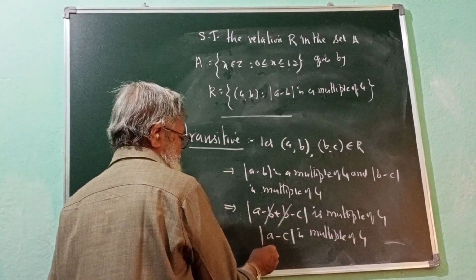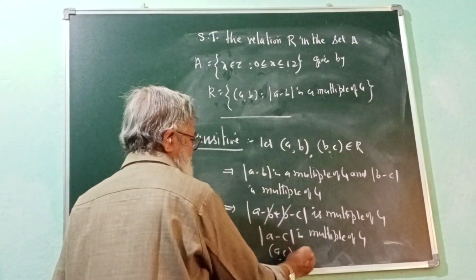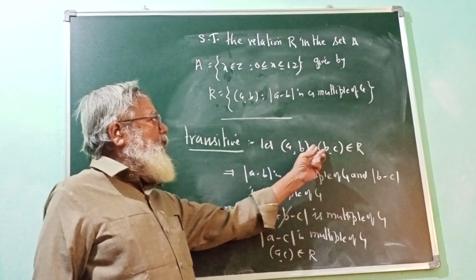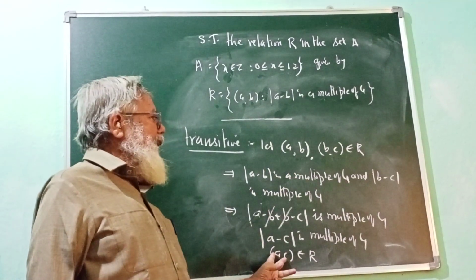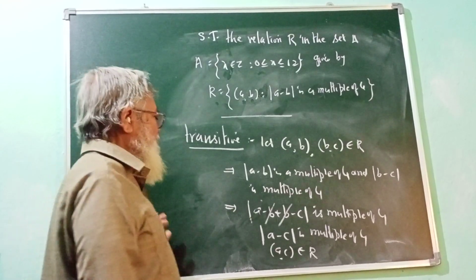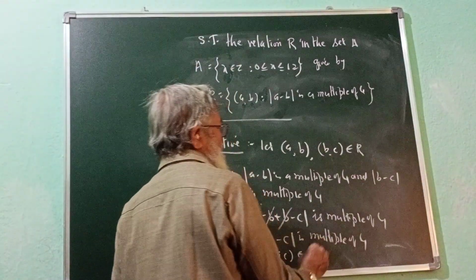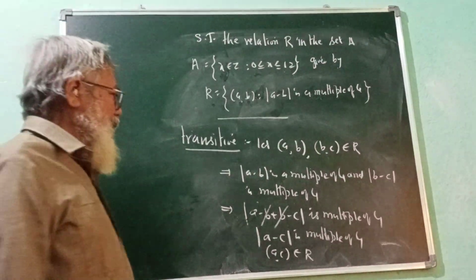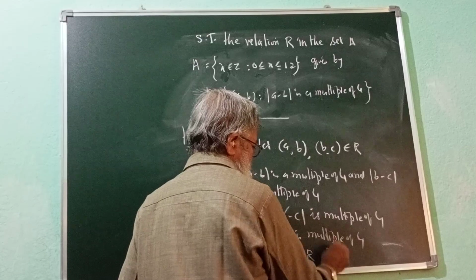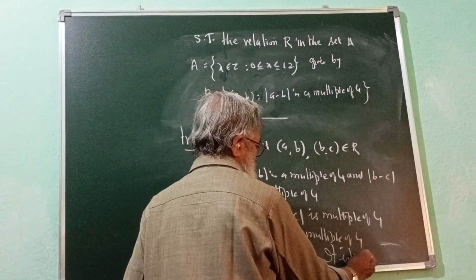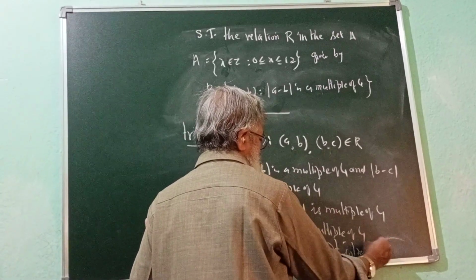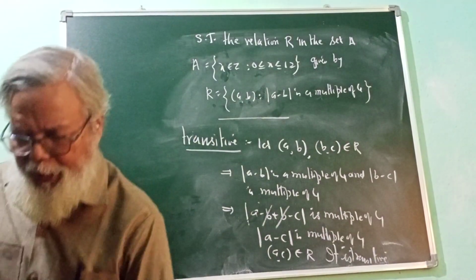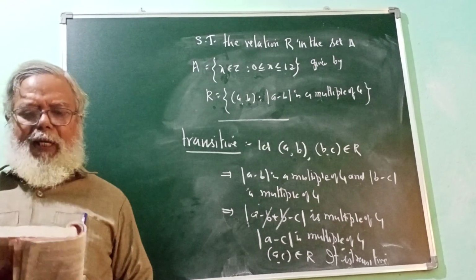Now you see here, this is nothing but AC belongs to R. So we have supposed AB, BC belong to R and proved that AC belongs to R, which means it is transitive. Hence, it is an equivalence relation. All three properties are satisfied. Therefore, it must be an equivalence relation.